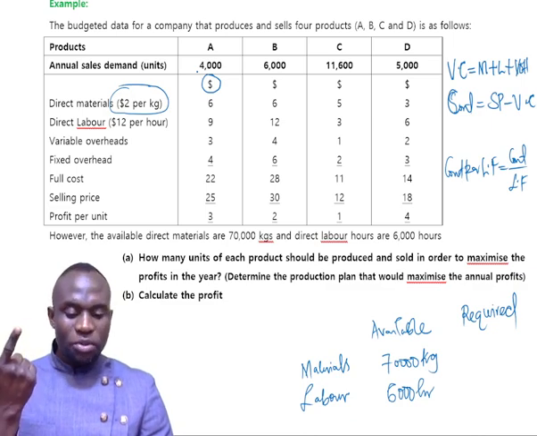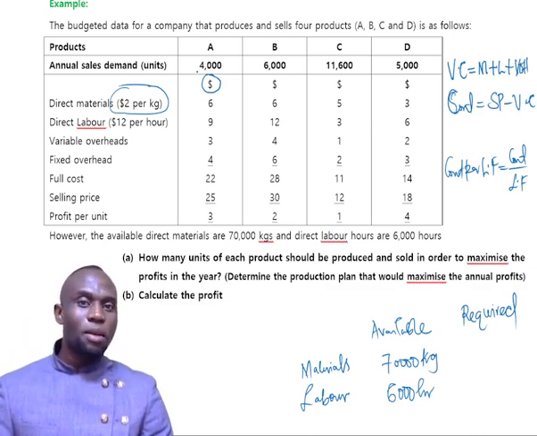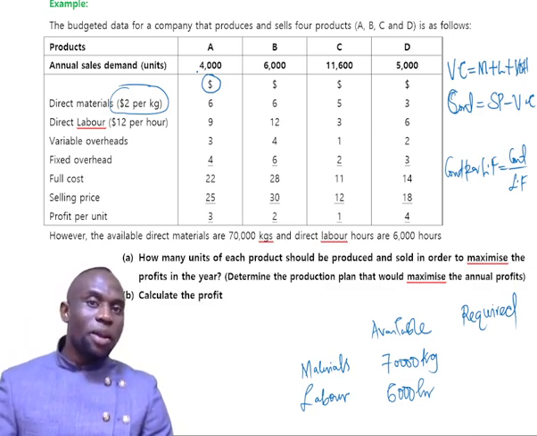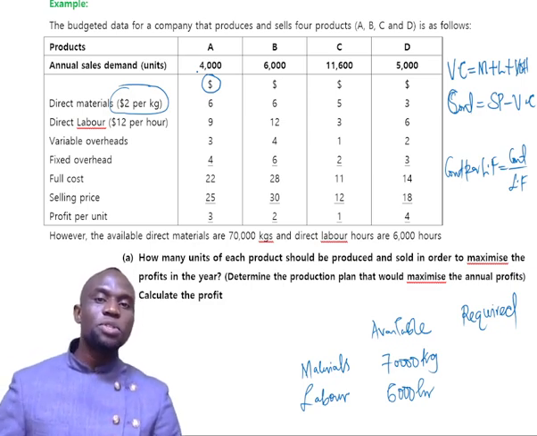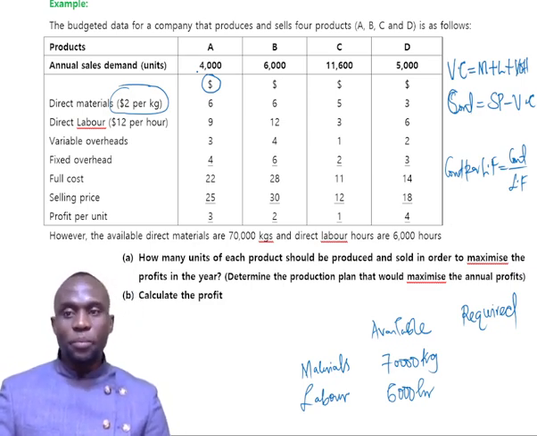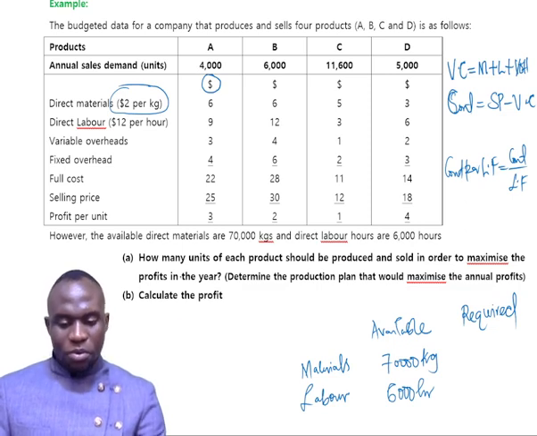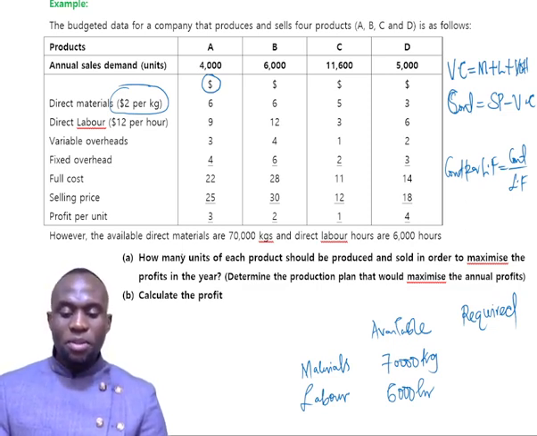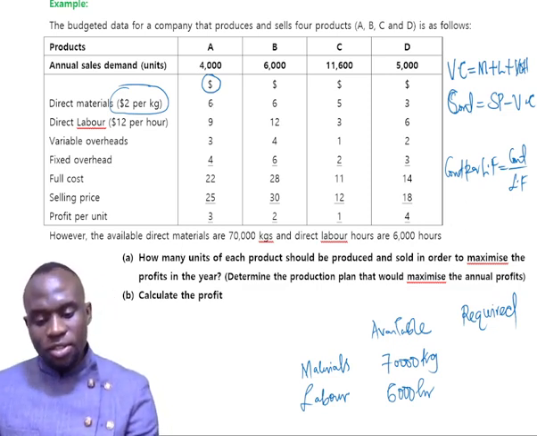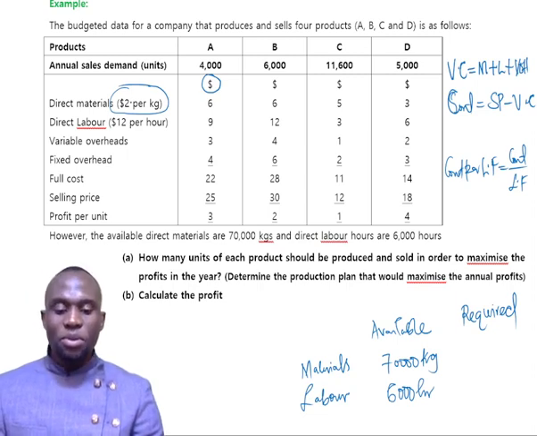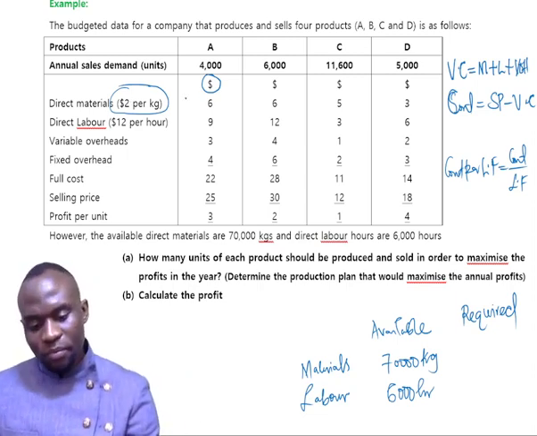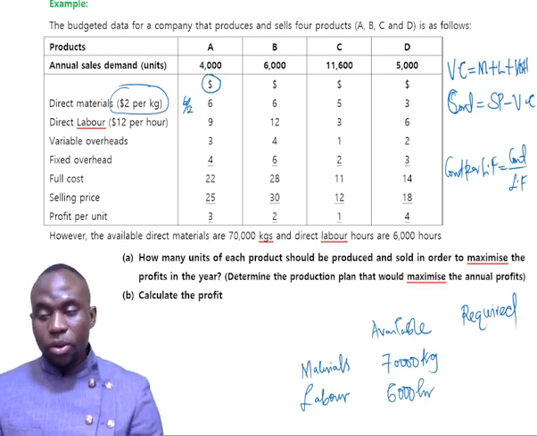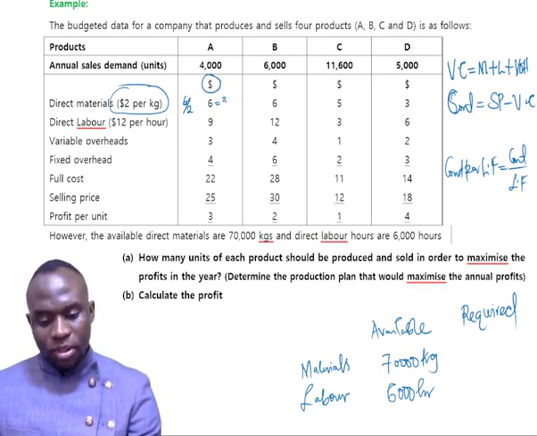So to produce 1 unit, we pay $6. But how many kilograms do we need to produce each unit? Now that is the question. So how do we get the kilograms? By dividing. You divide 6 by 2, and we get the kilograms. And the answer here should be 3 kilograms.